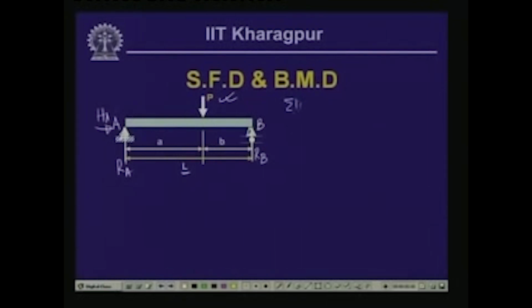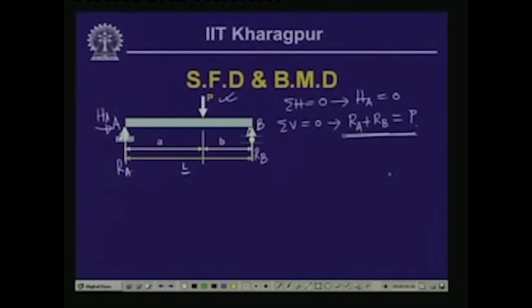Summation of horizontal forces equal to 0 gives us H_A equals 0. Summation of vertical forces equal to 0 gives us R_A plus R_B equals the vertical load P which is acting. R_A and R_B are acting upward, P is acting downward. If we consider upward as positive, then this is negative. So R_A plus R_B minus P equals 0 gives R_A plus R_B equals P.